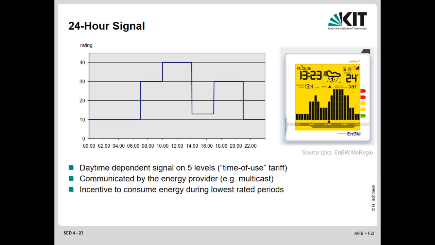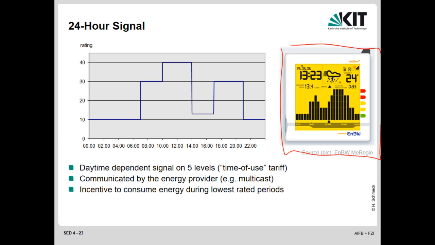And then you have this time signal or time variant price signal, here indicated in blue. There's 5 levels in this case, and this is what we had in the Meregio scenario, the model region.